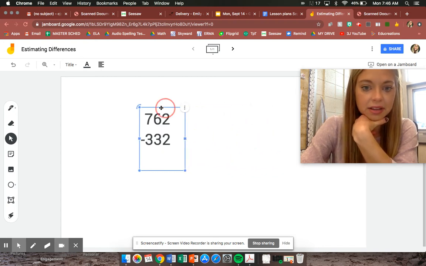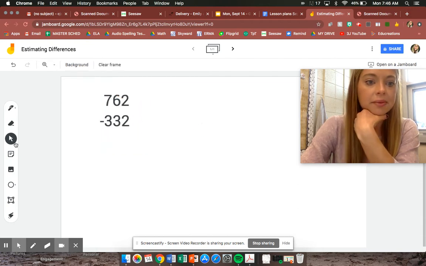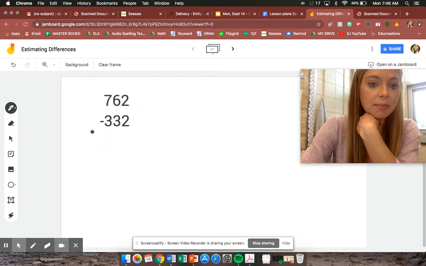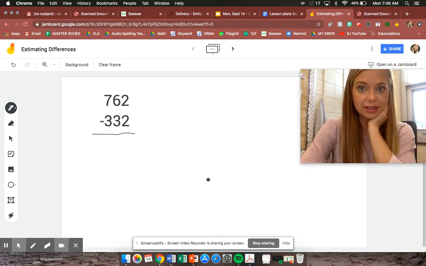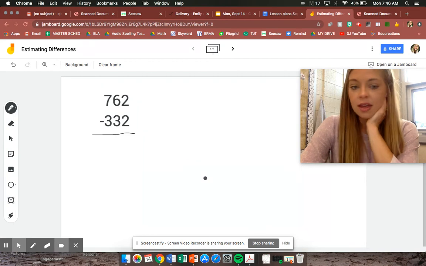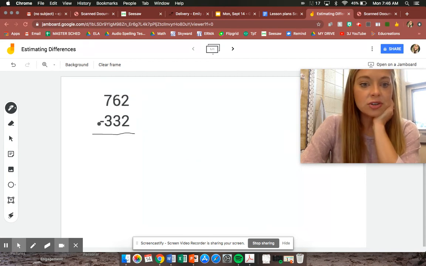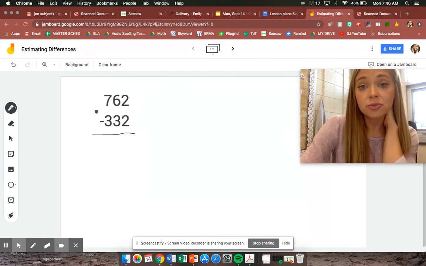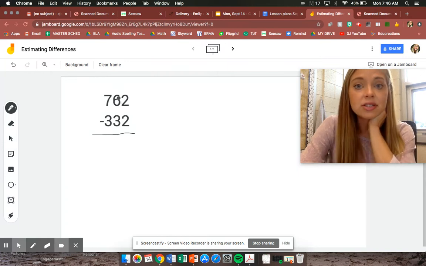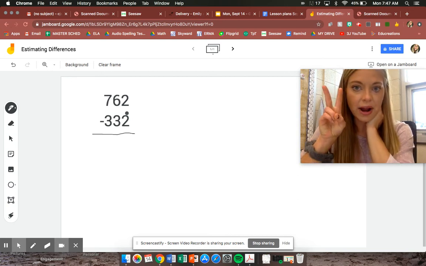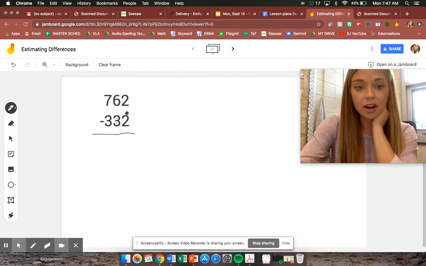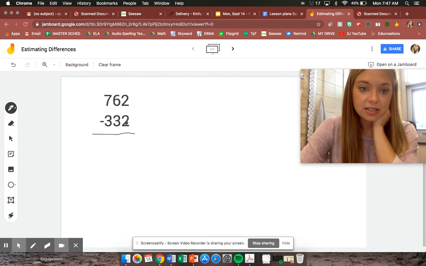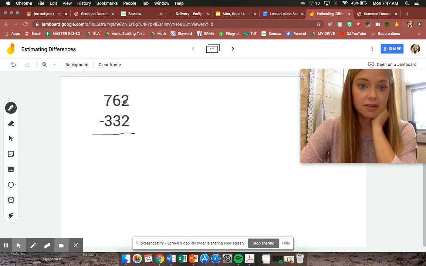We're estimating. So we are rounding these numbers, and we are going to estimate what the answer would be. So 762 minus 332. Whenever there are three digits, I want you to round to the nearest 100. Okay, it just makes it easier. And when there are two digits, you round to the nearest 10. Okay, so for here, since these numbers are three digits, we're rounding to the nearest 100.